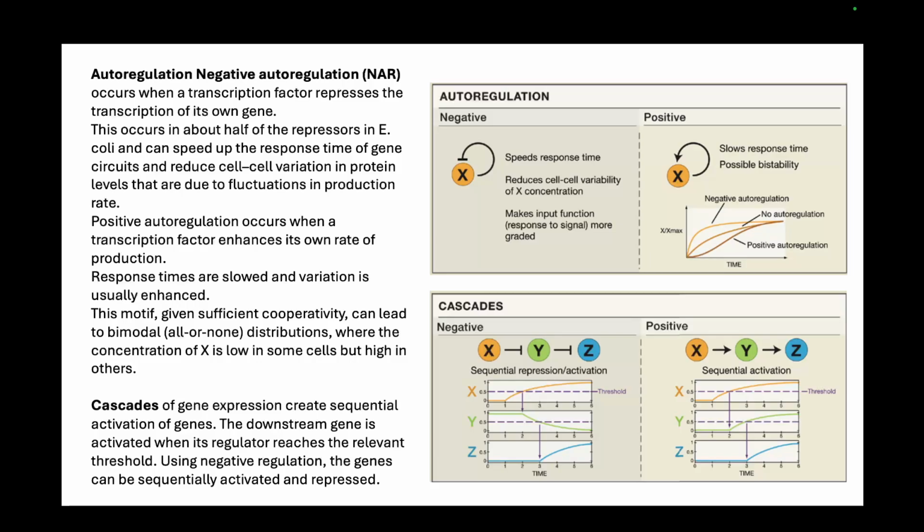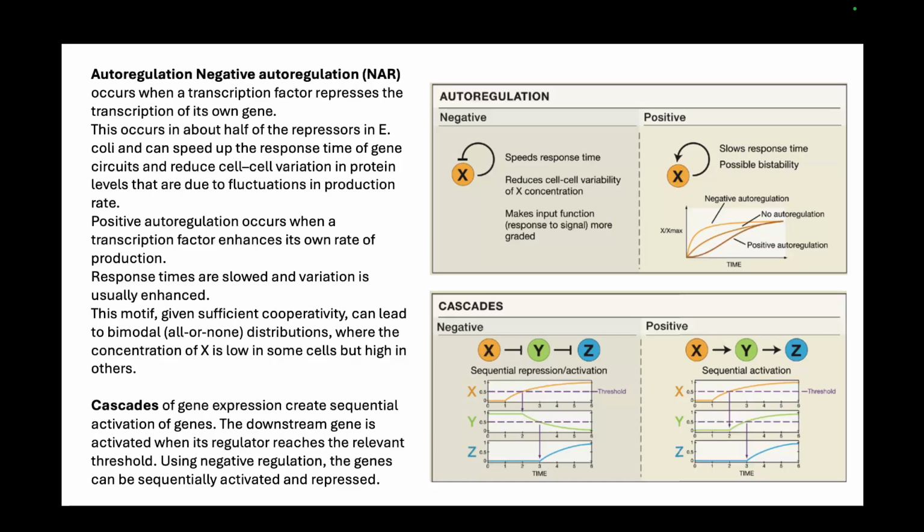Another type of regulation that you will see in network motifs is autoregulation. The expression of a particular gene or transcription factor will regulate itself.